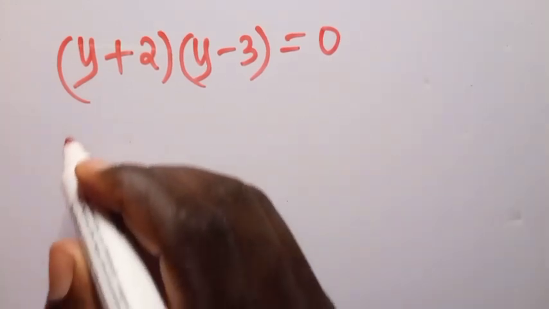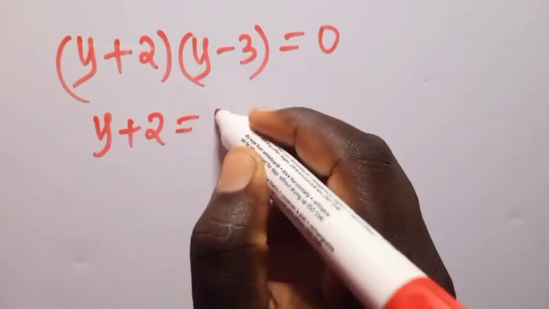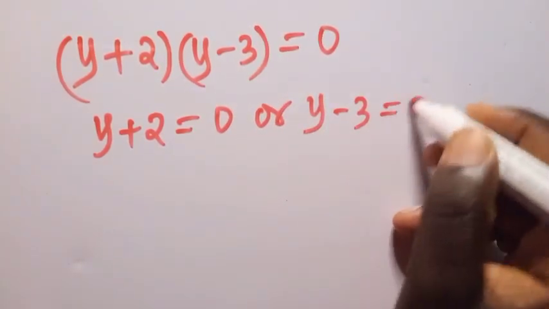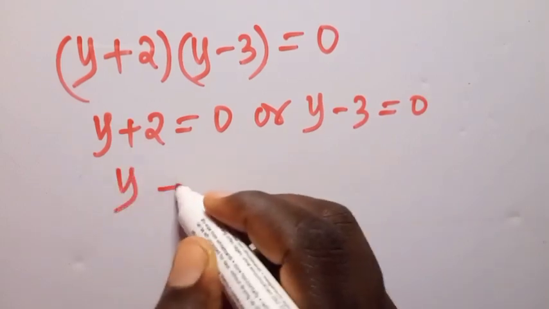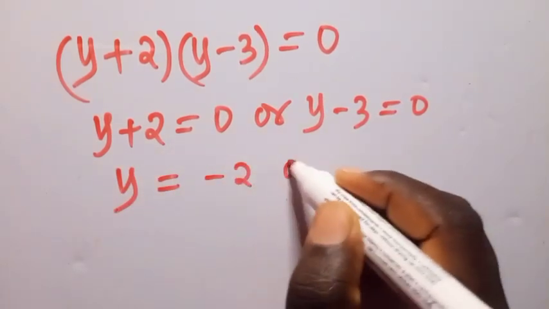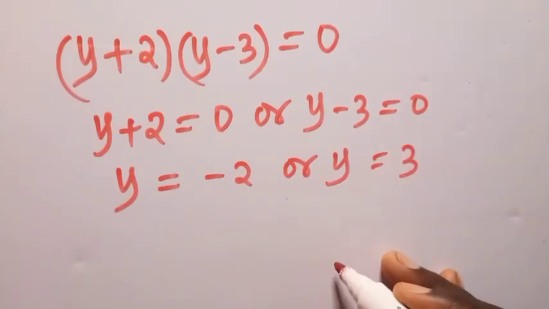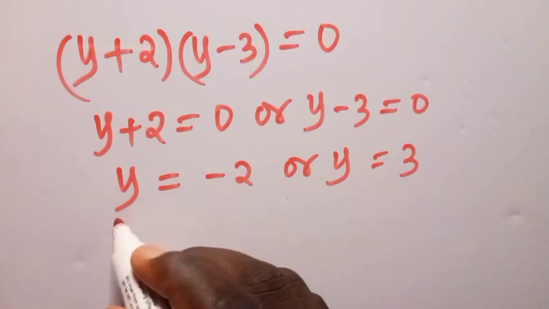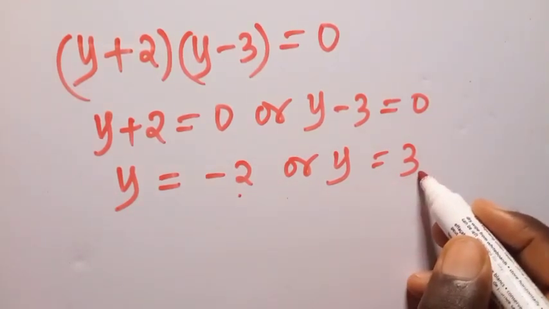Now, from here, we can say y plus 2 is either 0 or y minus 3 is 0. And therefore, the value of y is either -2 or +3. So we have the value of y as either -2 or 3.